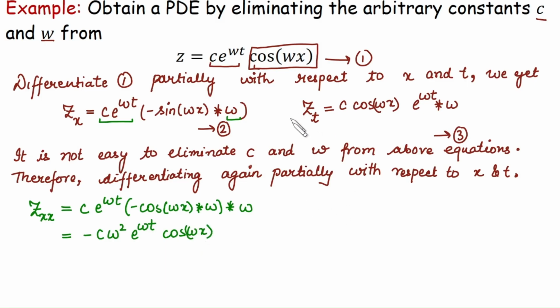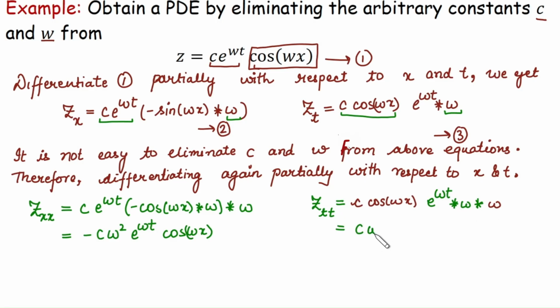On the other hand, we can take its further derivative with respect to t. So we are getting the second order derivative of z with respect to t, as these terms are constant, and take its derivative, that is e raised to power wt into w, and the rest of the terms are as it is. So this results in c into w square e raised to power wt into cos of wx.